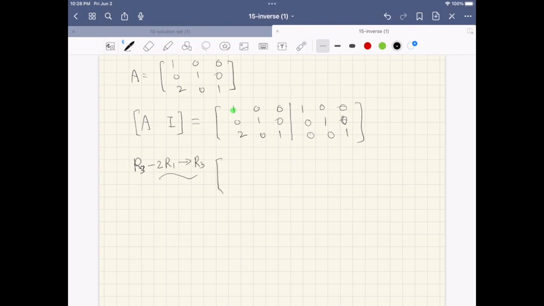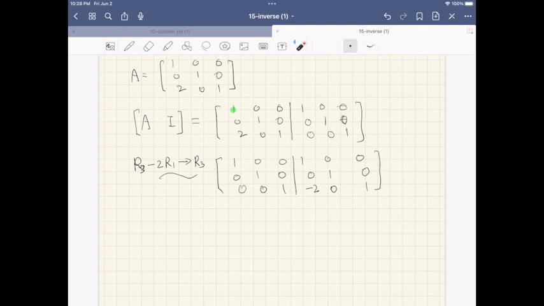And by this ERO, the first two rows will be the same, but the third row is 0, 0, 1 and negative 2, 0, 1.